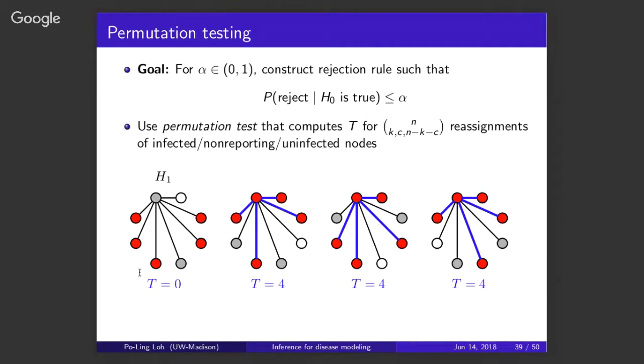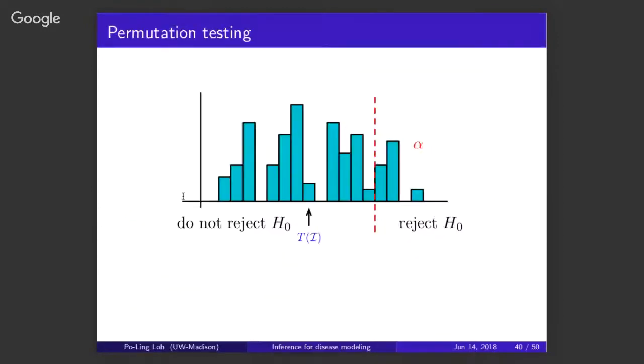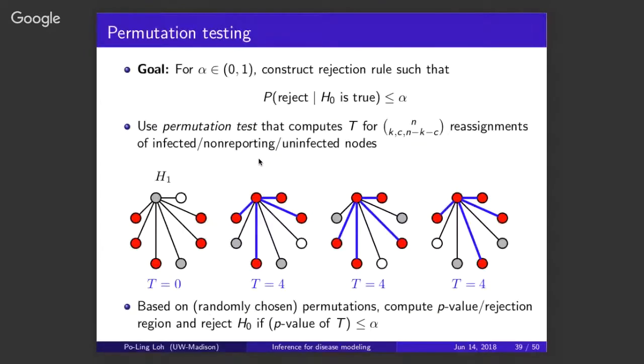For the data I actually had, it was 0, but for the other ones, it's 4. And in general, it's going to give you some empirical distribution. So the way a permutation test works is it figures out what the rejection region should be based on this empirical distribution.